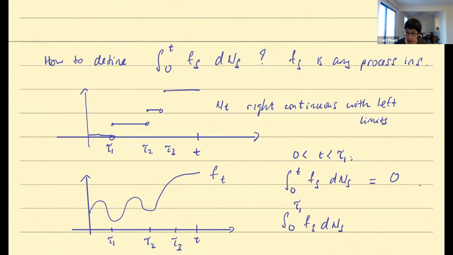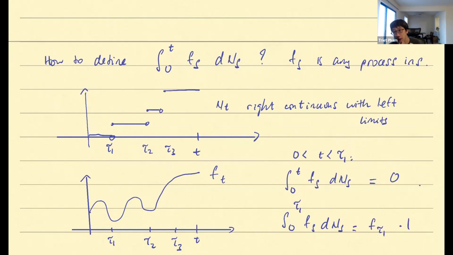Not quite. What's the difference? Up to tau 1, there's no change in the Poisson. But at tau 1, is there any change? Oh yes, because it just jumps from 0 to that value, which is 1. So I hope it's no surprise that it will be f of tau 1 times 1.